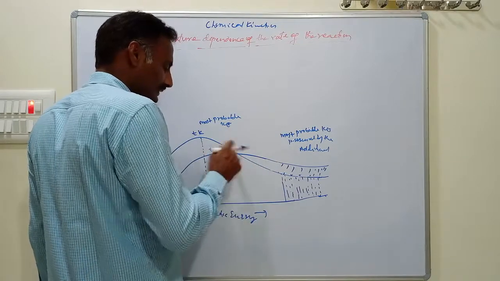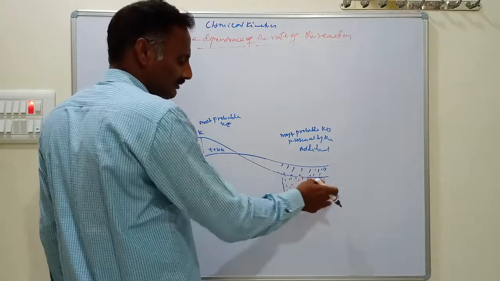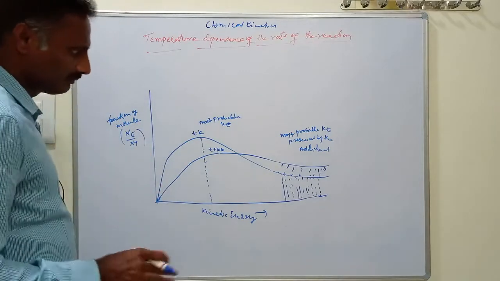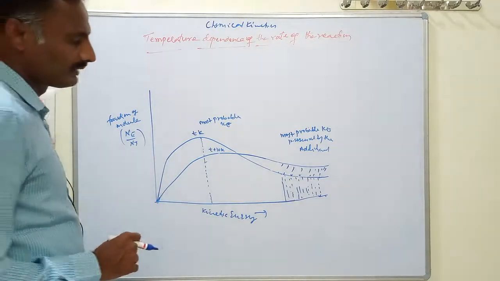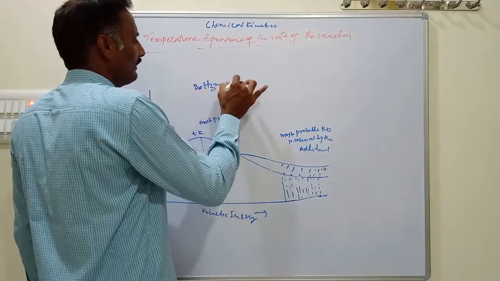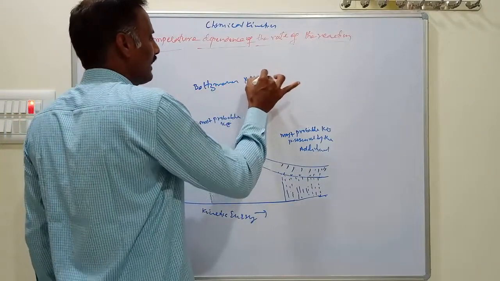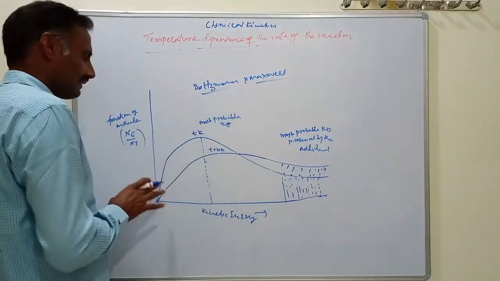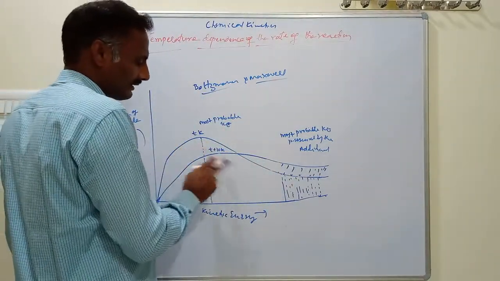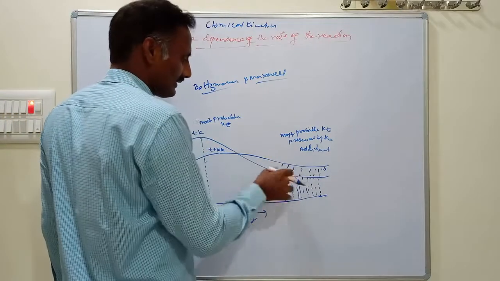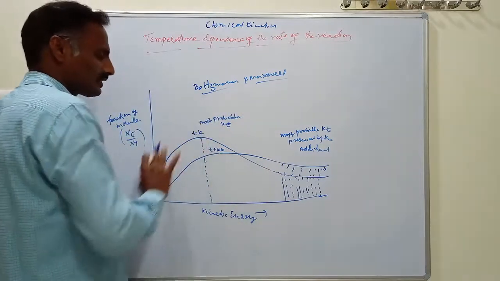As a result, the rate of reaction also doubles. This is the importance of the Boltzmann-Maxwell curves.